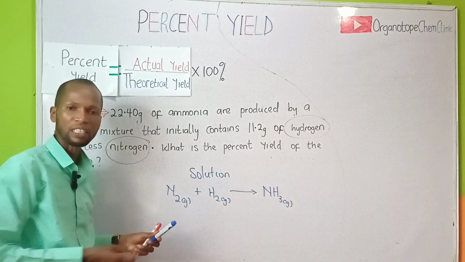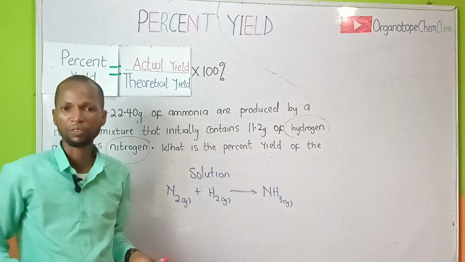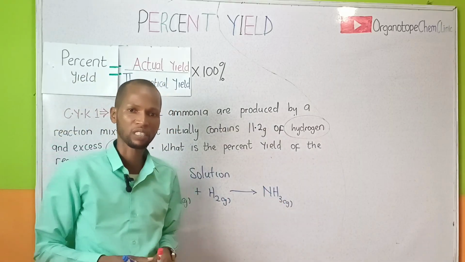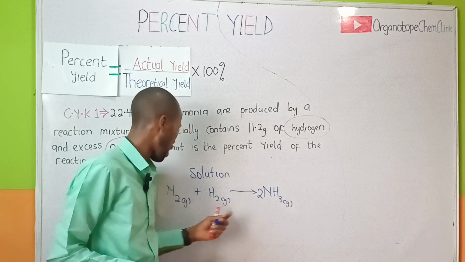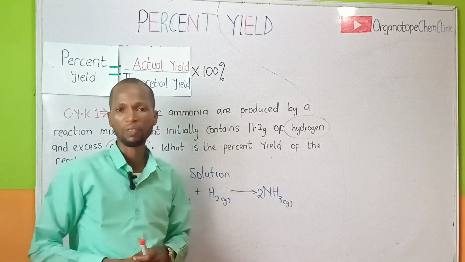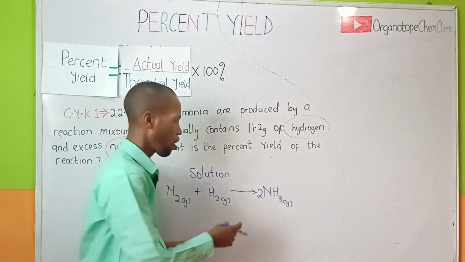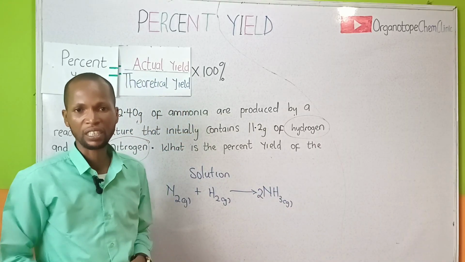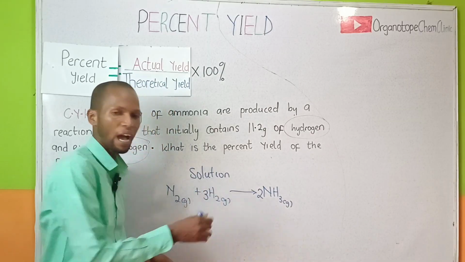We have 2 atoms of nitrogen on the reactant side, and we have 1 atom of nitrogen in the ammonia from the product side. So there is need for us to add 2 to this, so that we have 2 atoms of nitrogen on the reactant side and 2 atoms of nitrogen on the product side. Then we need to balance the hydrogen atom. On the product side, we have 6 hydrogen atoms, so we balance it with 3 as the coefficient.